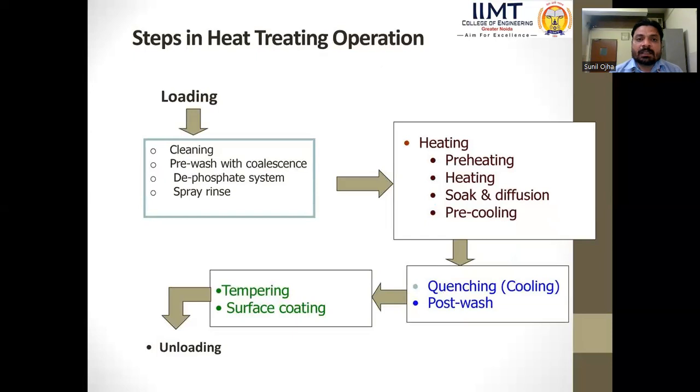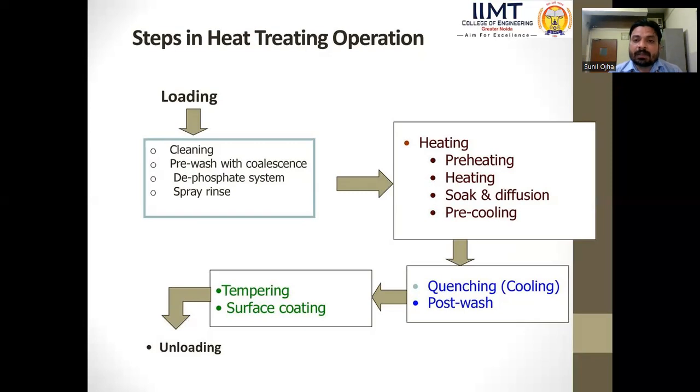So what are the steps involved in the heat treatment operations? First we have to do loading. What do we do in loading? First we clean the material: pre-wash with coalescence, dephosphate system, spray rinse. Then we do the heating.